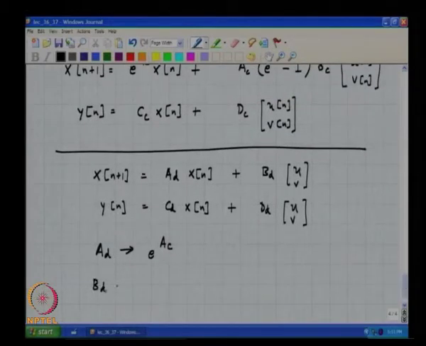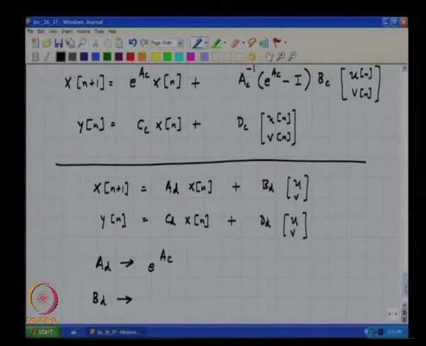Okay. Similarly, BD is AC inverse e to the AC minus I, which is nothing but AD minus I times BC.